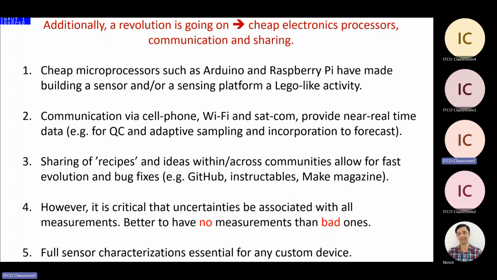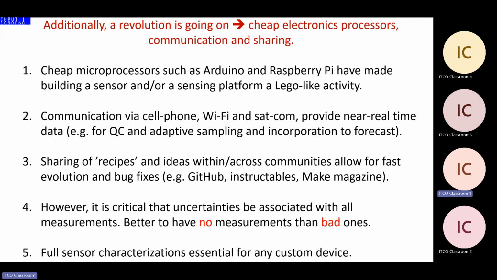Coupled with 3D printing, that's super available now. You can build a lot of really interesting things for very reasonable amounts of money, orders of magnitude cheaper than commercial sensors. Now we have communication via cell phone, that's very straightforward through these same off-the-shelf platforms.